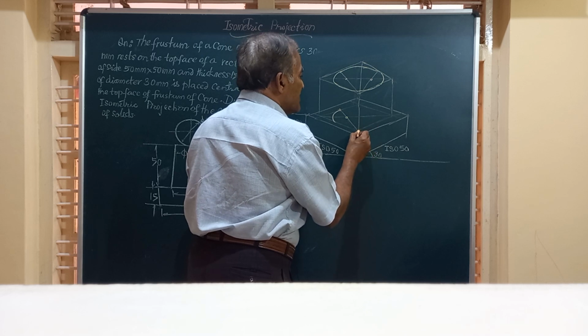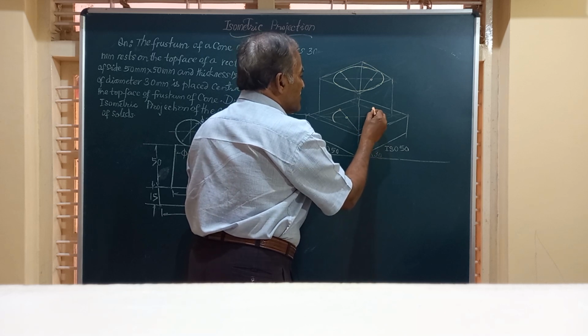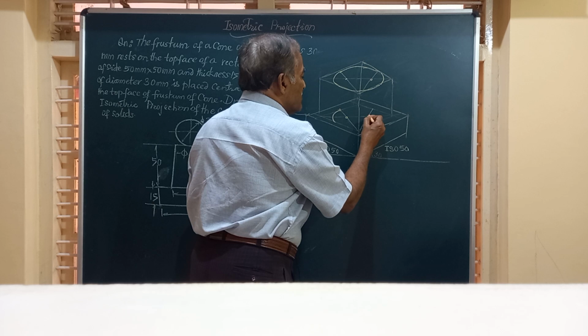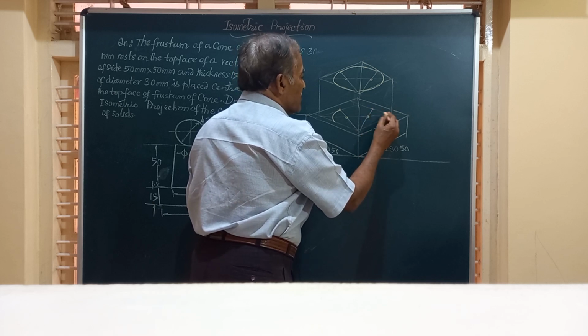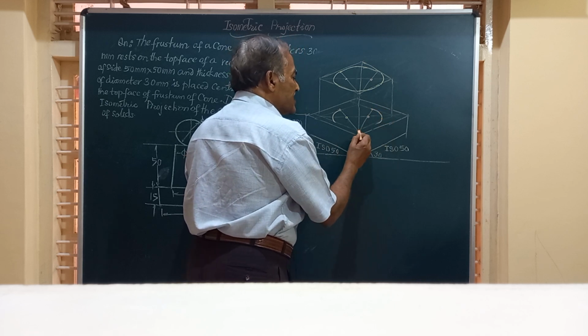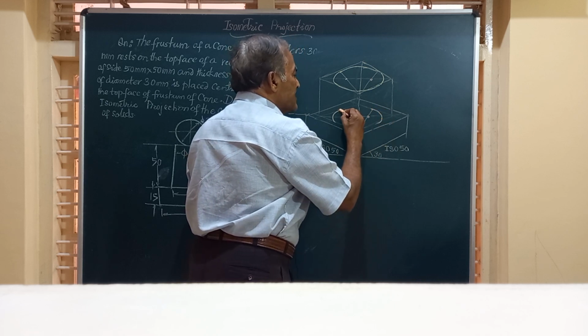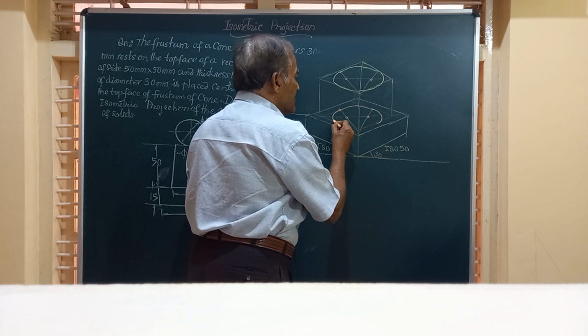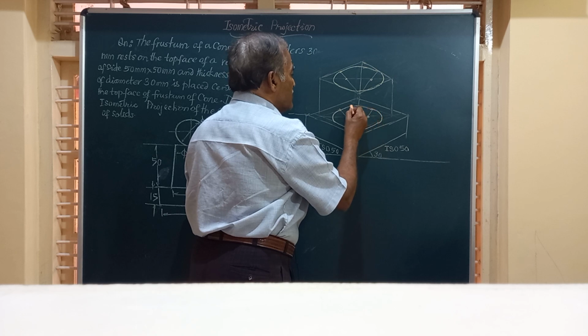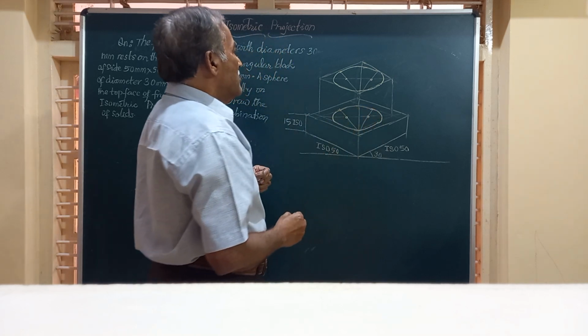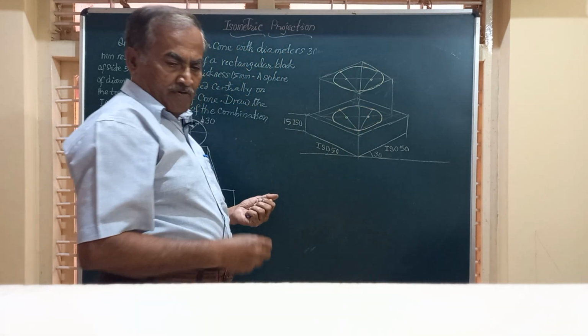Similarly, join this to the opposite side center. You get center C2. The center C2 and radius equal to this distance. Draw the second arc. Center C3 with this radius, another arc. Center C4, another arc.